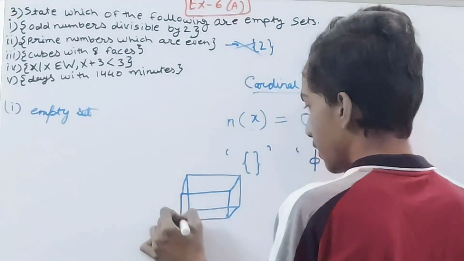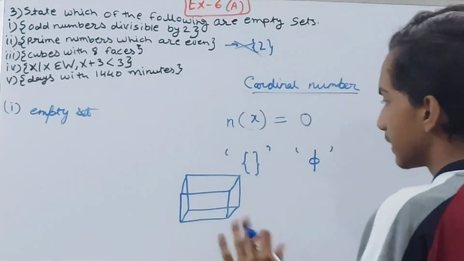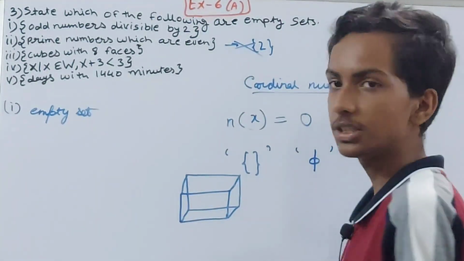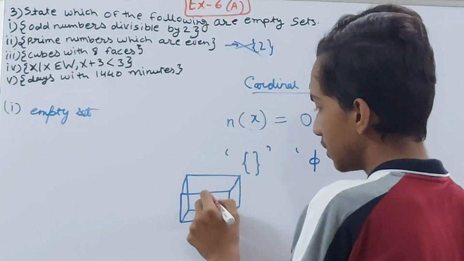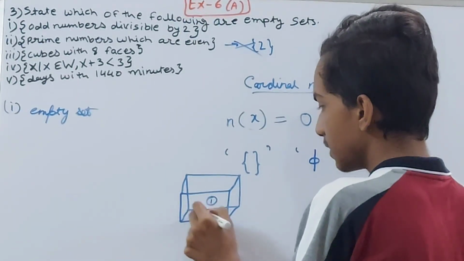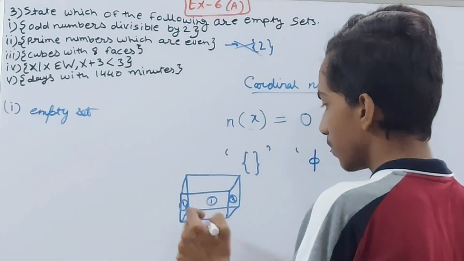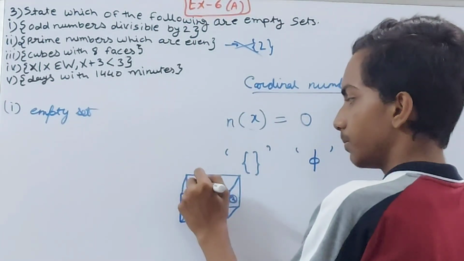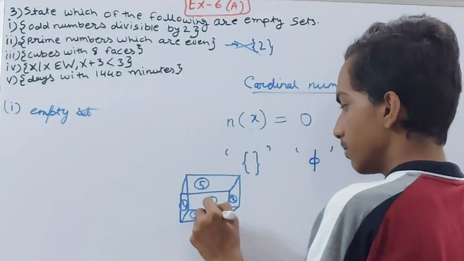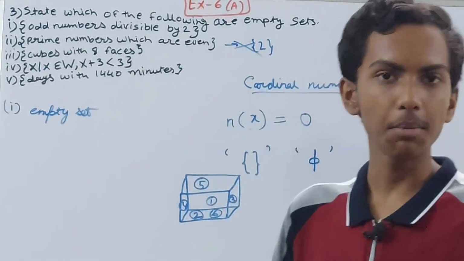In geometry we've studied that, although it's not looking like a cube, try to get that it is a cube. Let's see how many faces are there. There is this face 1, then this face 2, then this face 3, and then 4. Front, back, top and bottom, left and right. So total 6 faces are coming.